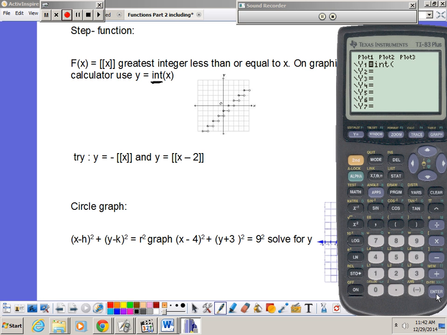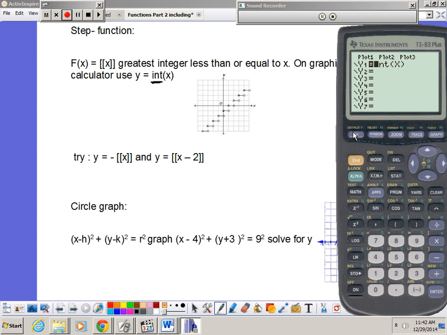And I'm going to put x in, close my parentheses, and graph it. And it looks like stairs. Now depending on which graphing calculator you have, it might open and close where you want it to, but in a TI-83 or a TI-83 Plus it looks like stairs, with one end open and one end closed.